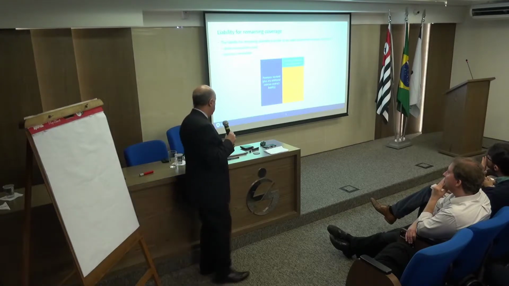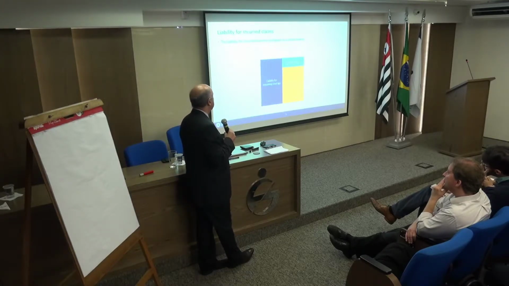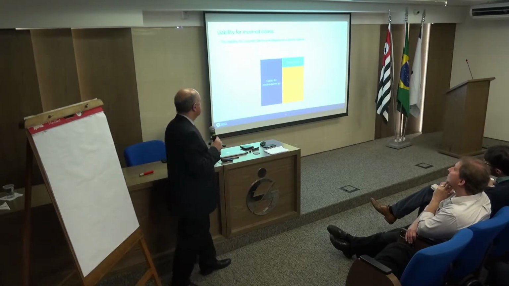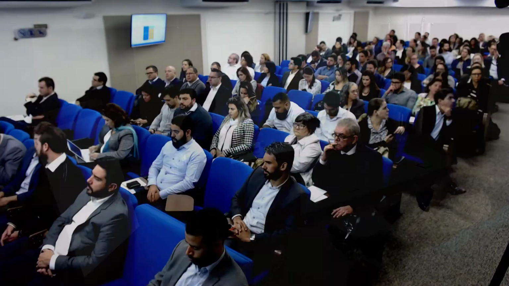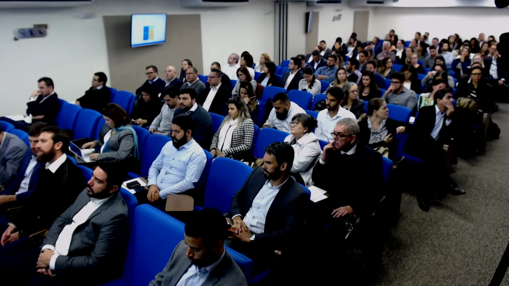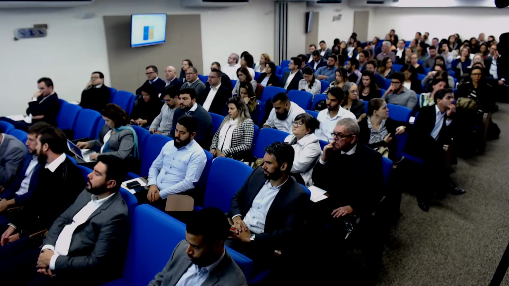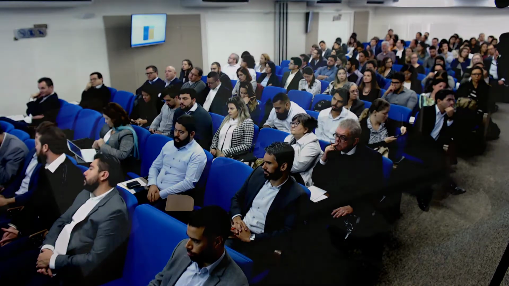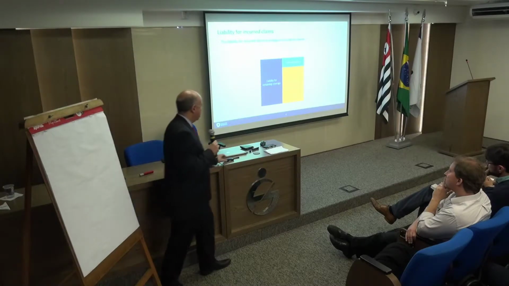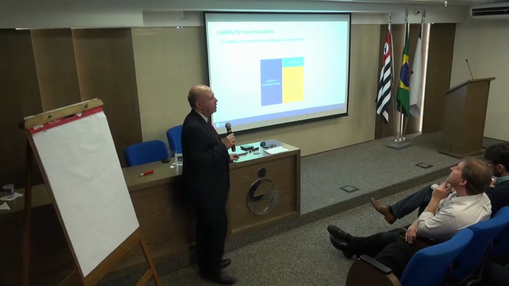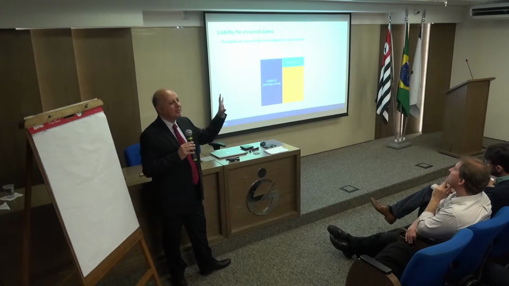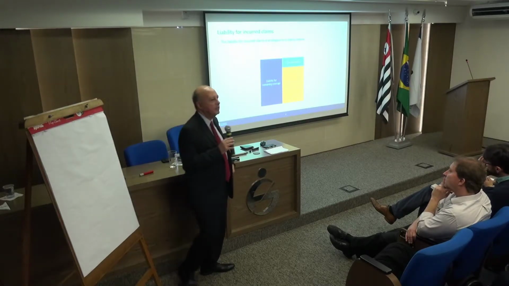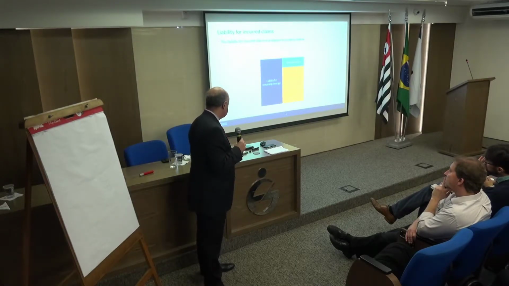Now the other is the liability for incurred claims. Sorry, here it should say incurred claims. So we have the risk adjustment and the discounted present value of cash flows. So this would be like a claim reserve. Whereas the first one is sort of an unearned premium reserve, this one is a claims reserve.